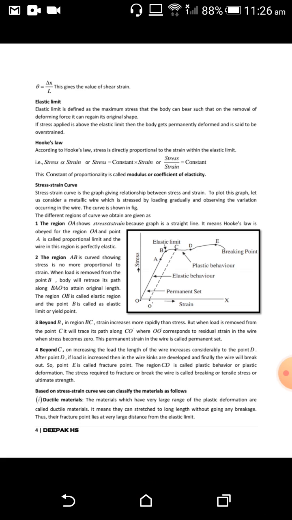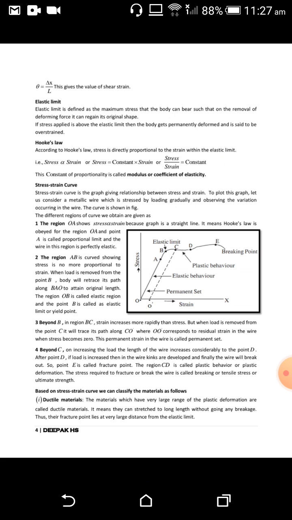When you plot the stress strain graph, it represents the elasticity of a body. Take a wire where one end has been fixed to a rigid support, whereas the other end of the wire has been connected to a load. Initially when you put a small amount of load, the wire stretches to some extent.